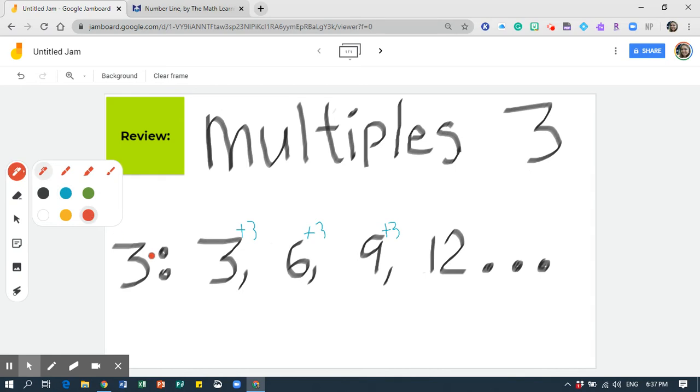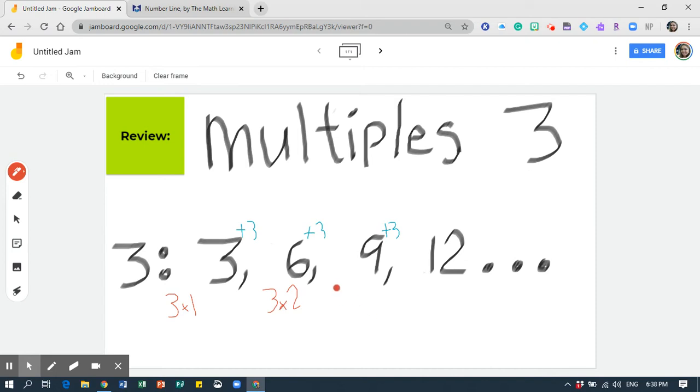We also learned how to find multiples of whole numbers by multiplying. So we would take our number times 1, and that gives us our first multiple. To find our second multiple, we multiplied 3 times 2, 6. That's our second multiple.